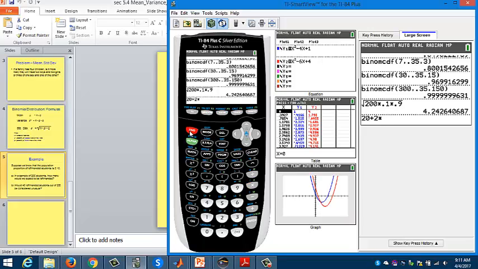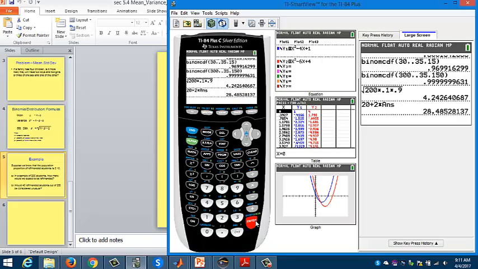So I'll hit second answer, right? The negative sign. If I added 2 of these 4.24s, this should make sense to you. I'm going to be at 28.5, right? If you're farther than that away from the mean, it's unusual, right?